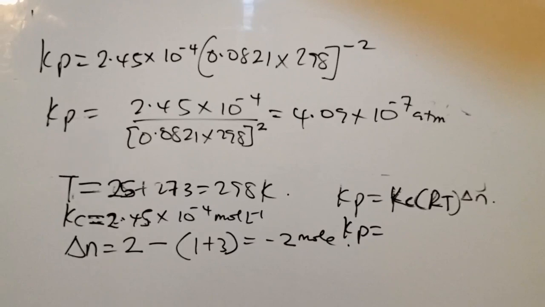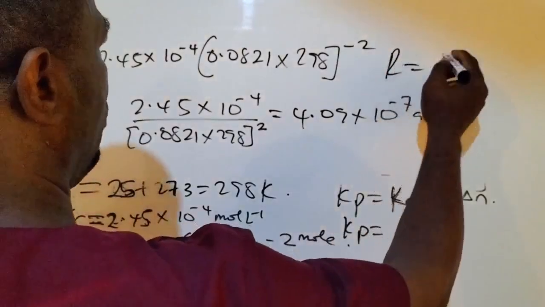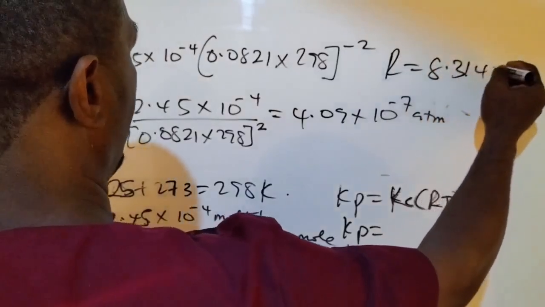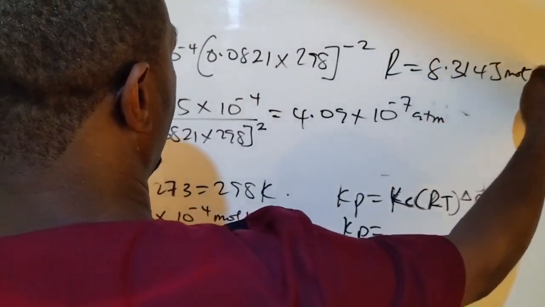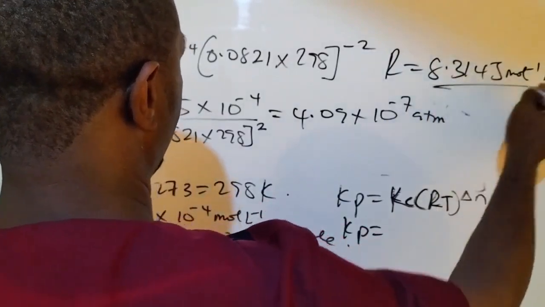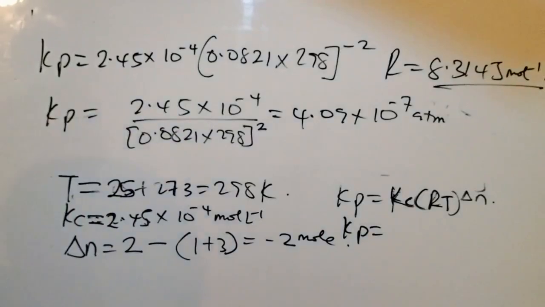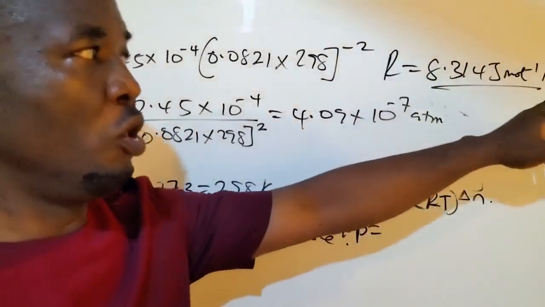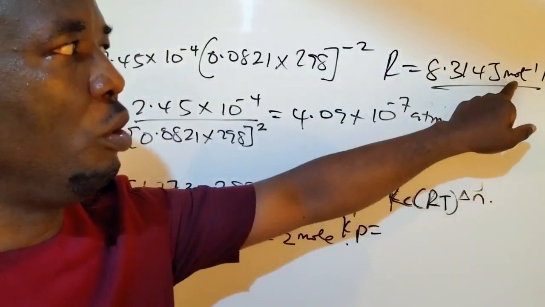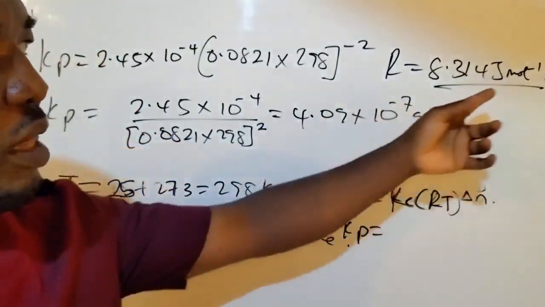So when you're evaluating such problems, you have to be very careful, note the value of R, that is the gas constant, and know which one is appropriate to use. The unit on R must correspond. If R is given to you as 8.314 joule per mole per Kelvin, for you to apply this directly, your temperature must be in Kelvin, of course. The change in mole, delta n, must be in moles.